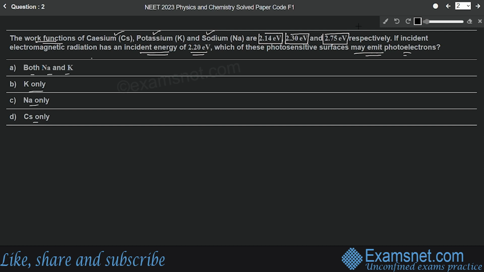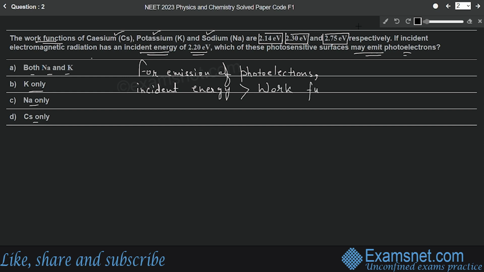Okay, so we should know in what condition the photoelectrons will be emitted. For emission of photoelectrons, we know that the incident energy should be more than the work function, right?